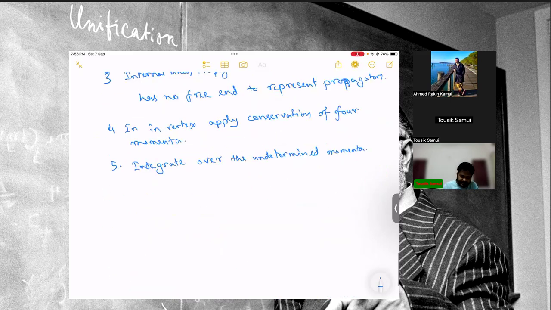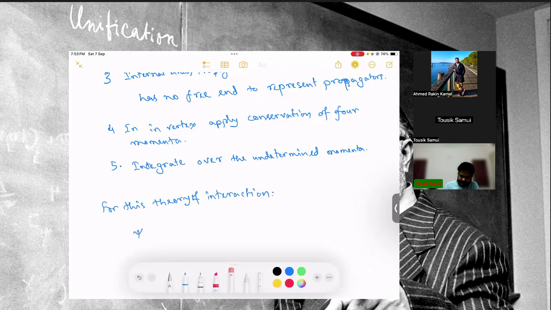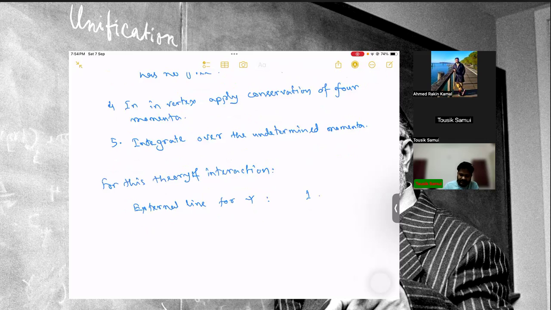For this theory, for the external line corresponding to psi, we will have a number 1, and for the external line for phi, that also we'll put 1.